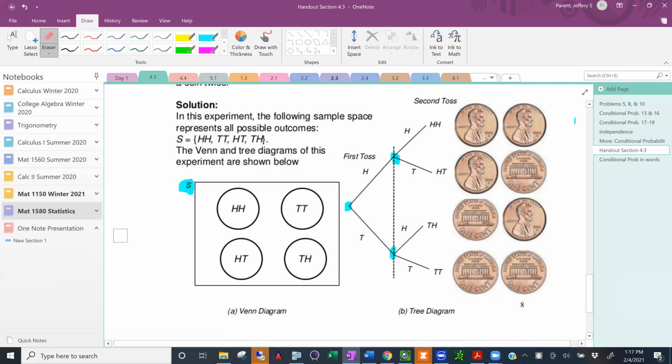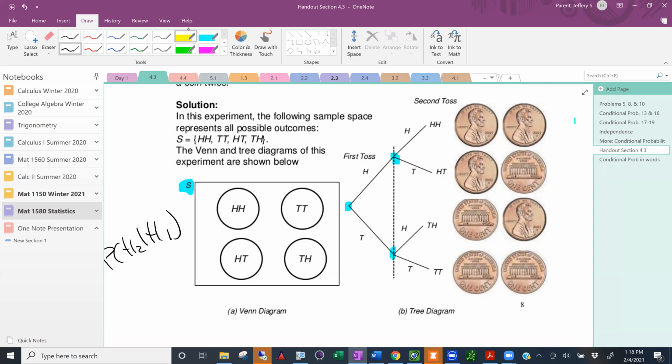Well, let's understand something. If I tell you that we got a head on the first flip, probability of H2 given H1. I'm no longer dealing with the whole sample space. Let's look over here at our sample space.